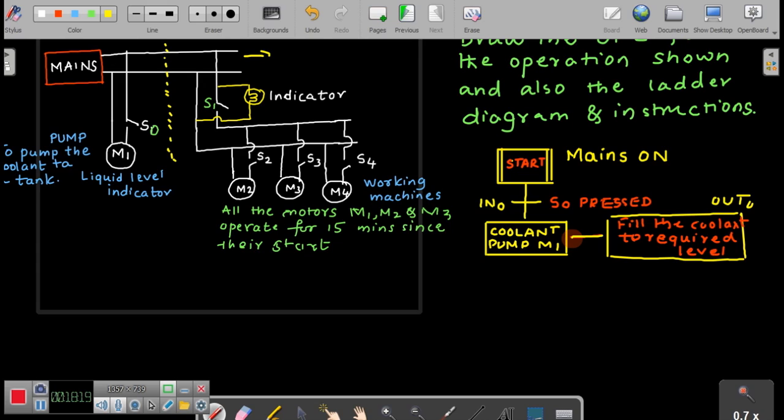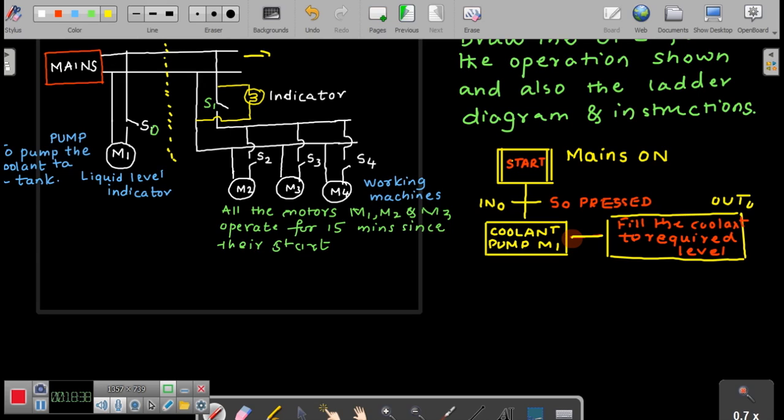Now how would I come to know that some action has taken place? Visibly I can see the coolant level reach some value, or the motor getting turned off or something like that. But from the point of view of the electrical signal, I should get a signal from the liquid level indicator.